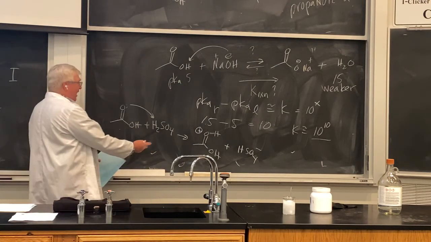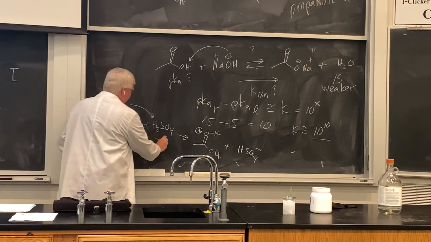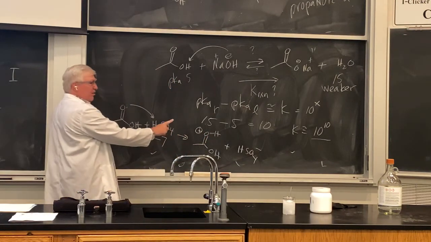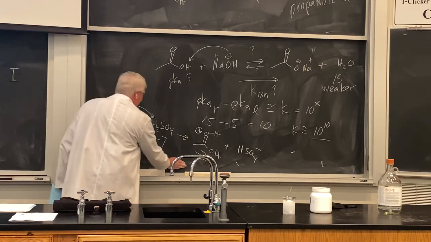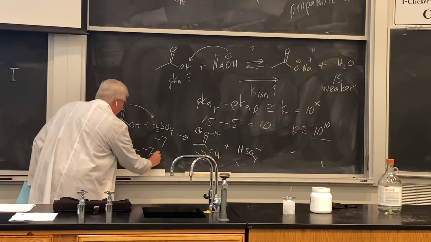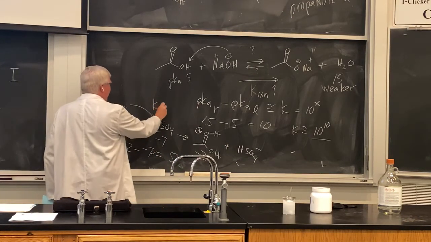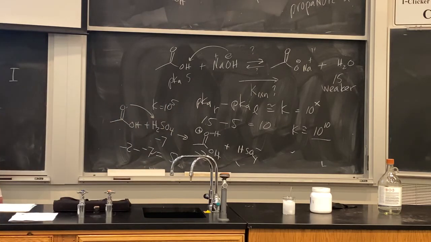To really be accurate here, we need to look at this and say, minus 7, and what's the pKa of this? That's a different species now, right? This is minus 2. So we have minus 2 minus a minus 7, and overall this is 5. So the K for this reaction right here equals 10 to the 5th power. So that's favored, okay?